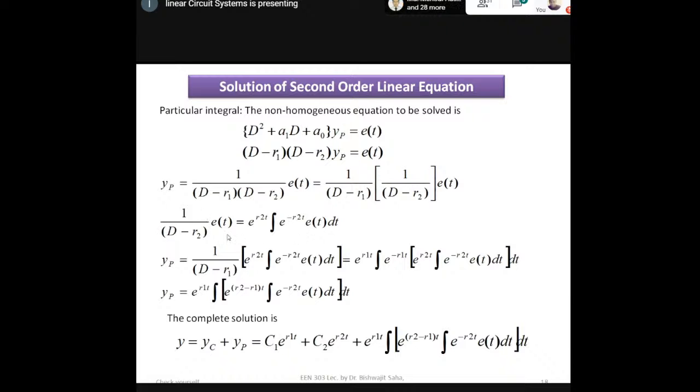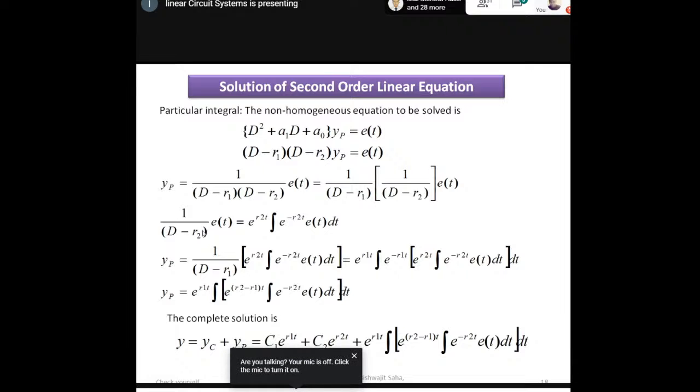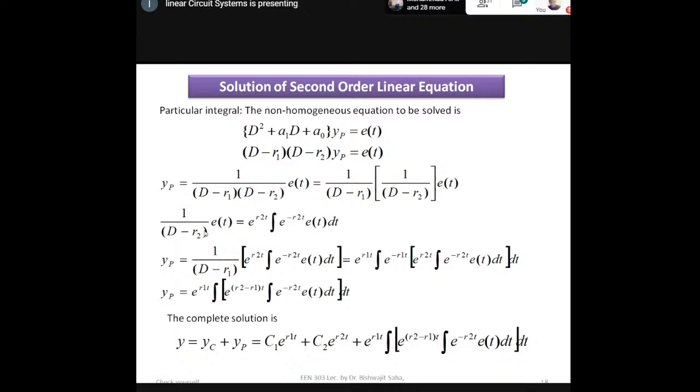Is it come from the UV formula of integration? No, not the UV formula. Go to slide number 15 again. That's why I had asked you to study my lecture sheet before.